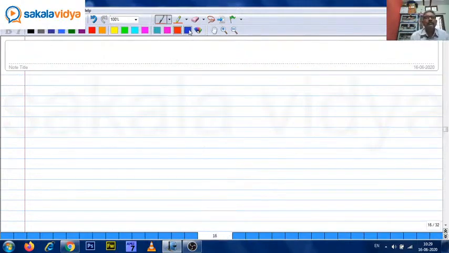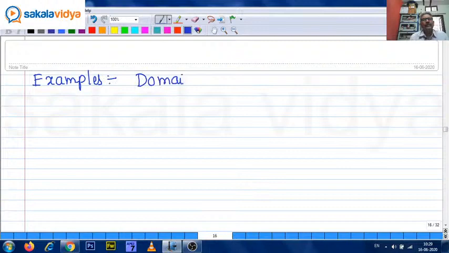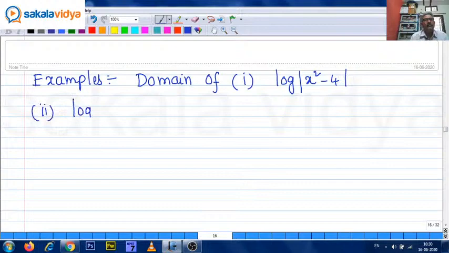So now, examples I will give. Domain of: first, log mod of x square minus 4. Second, log mod of 3 minus x square. No problem, x square minus 3 or 3 minus x square, both are the same.